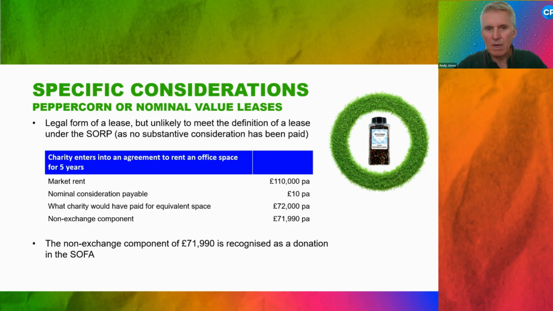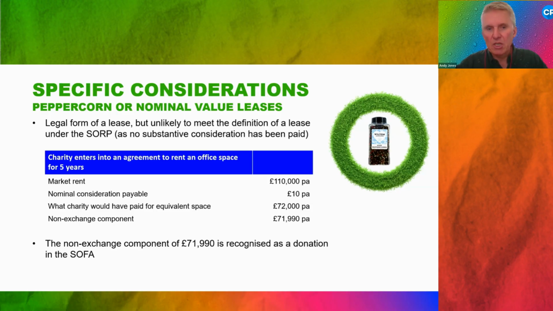The market rent of a lease might be £110,000 a year. The lease payments that you actually make are £10 a year. But what you could actually have paid for the equivalent space, as a charity, might be 72,000. That might be a more reasonable figure.